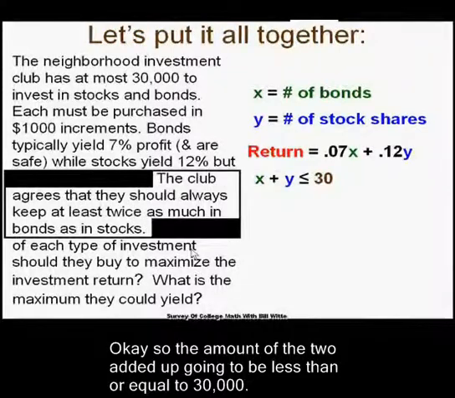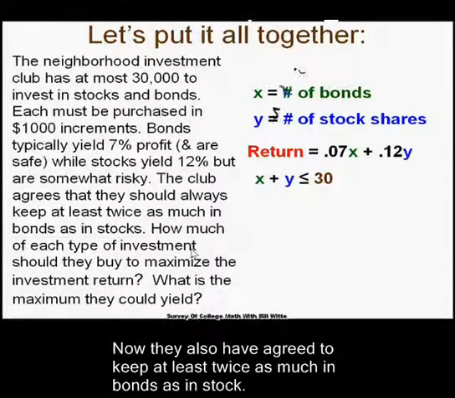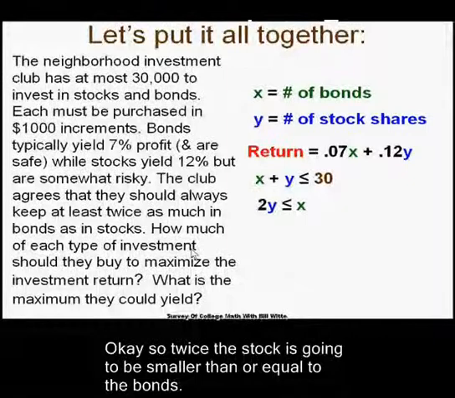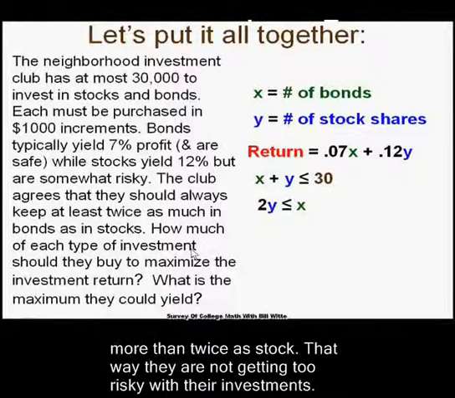Now they also have agreed that they have to keep at least twice as much in bonds as in stock. Okay? So twice the stock has got to be smaller than or equal to the bonds. Got the idea? Or you could read it backwards and say the bonds have to be more than twice the stock. That way they're not getting too risky with their investments.